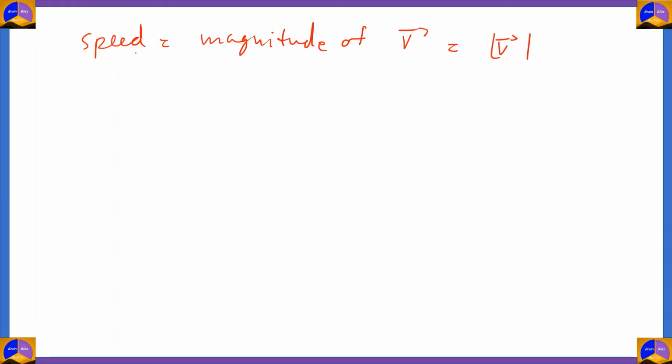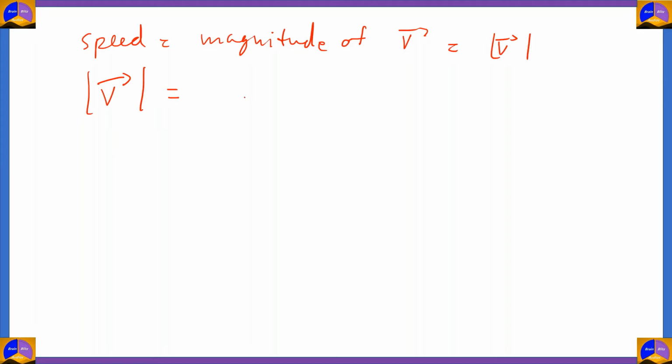So we know that speed is a scalar quantity while velocity is a vector quantity. And that speed is equal to the magnitude of vector v. So that is modulus of vector v. So the value of speed is equal to the value of modulus of vector v. So let's find that out.